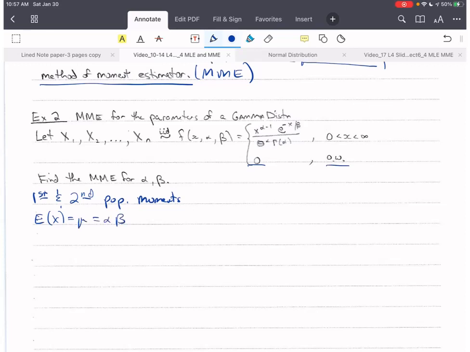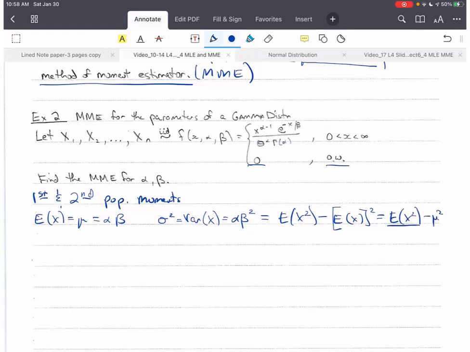And we've got the variance sigma squared, which is the variance of X, equal to alpha beta squared. This is also equal to E of X squared minus E of X quantity squared. Very important to know that. This can be written as E of X squared minus mu squared.